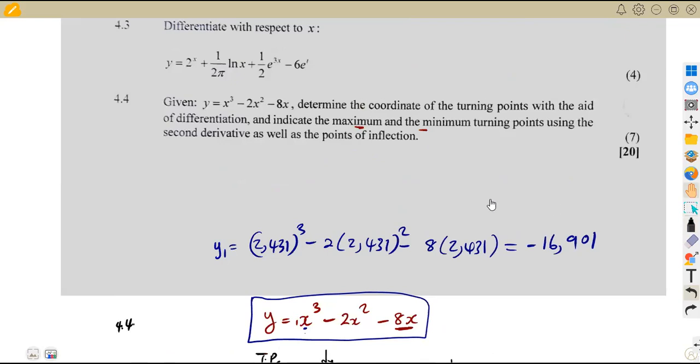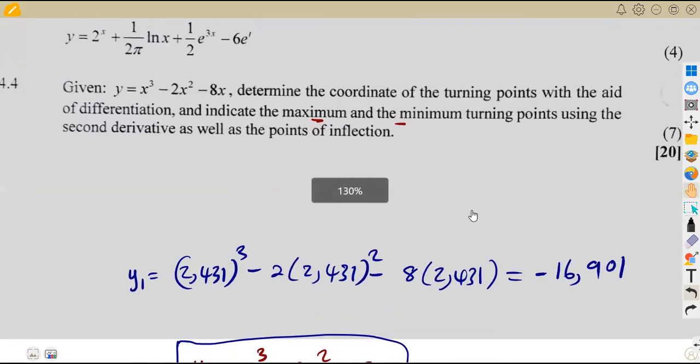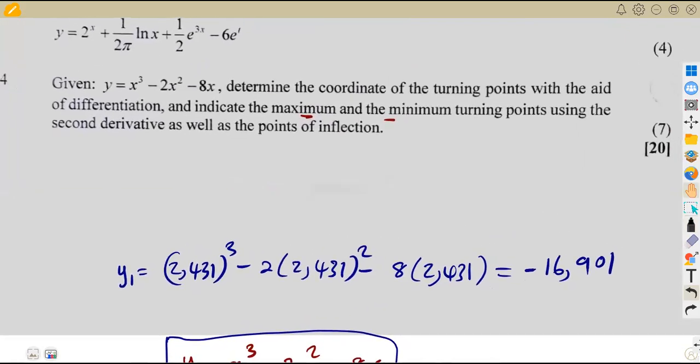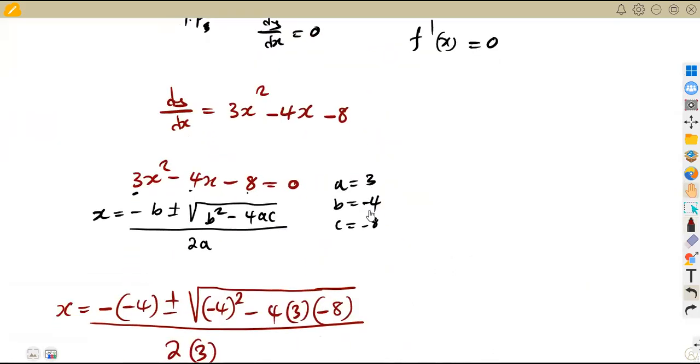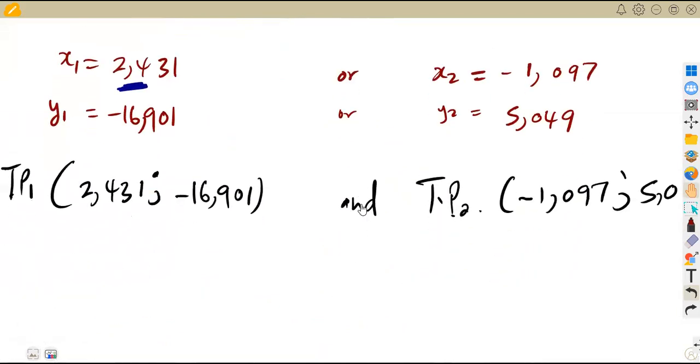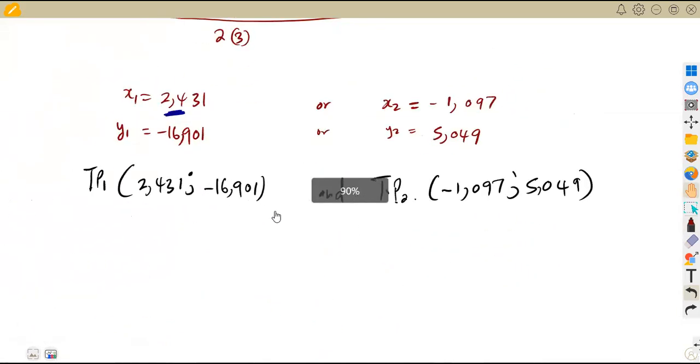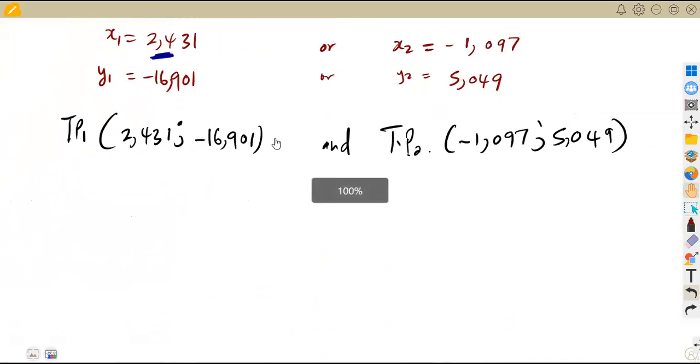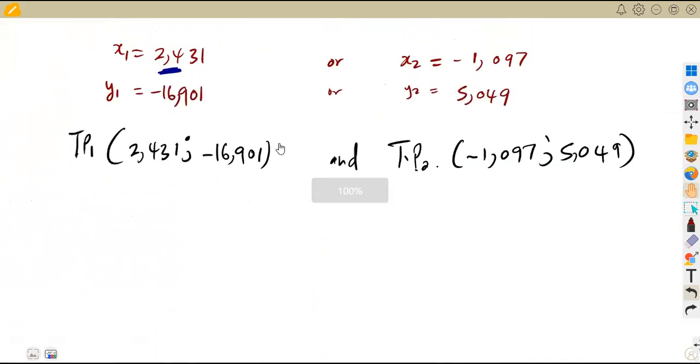But this is not everything about our question. After determining these turning points, they are now saying, indicate maximum and minimum turning points using the second derivative, as well as the point of inflection. All right. So we need to determine which turning point that we have here is going to be a maximum and which one is going to be a minimum.